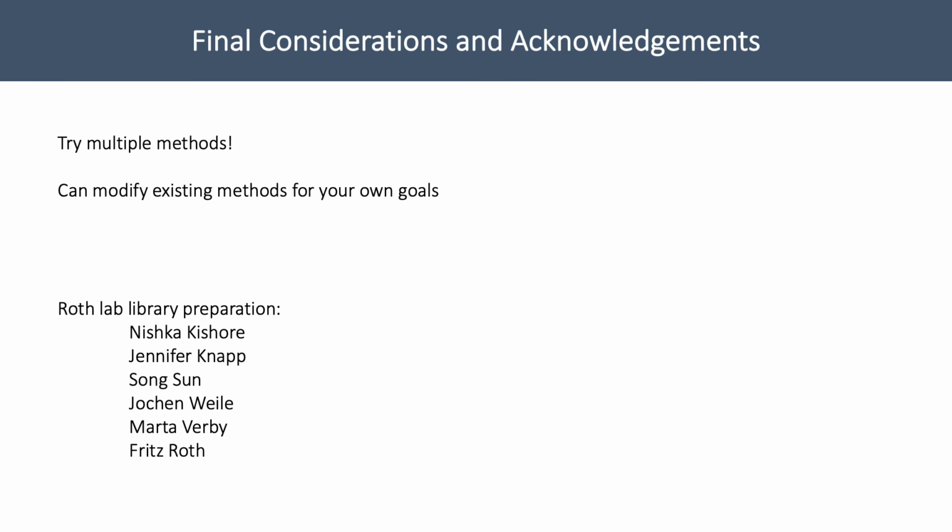So lastly, I would finally suggest that if you're new to library preparation or are trying out a new method, you maybe try a couple methods at the same time, to increase the chances that one of them will end up working for you.